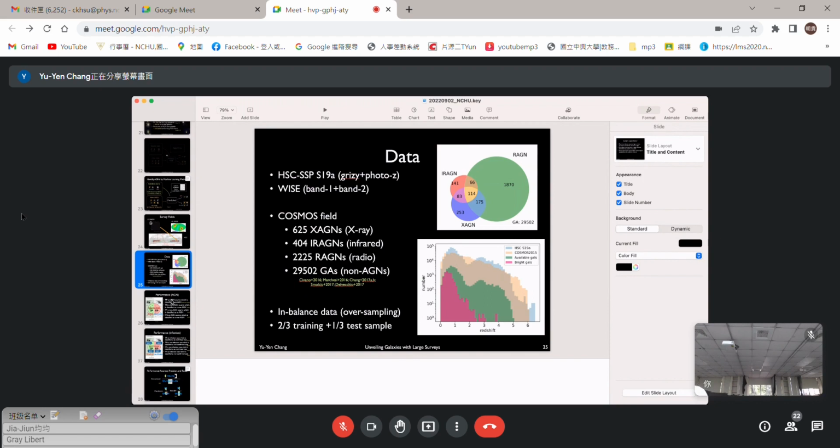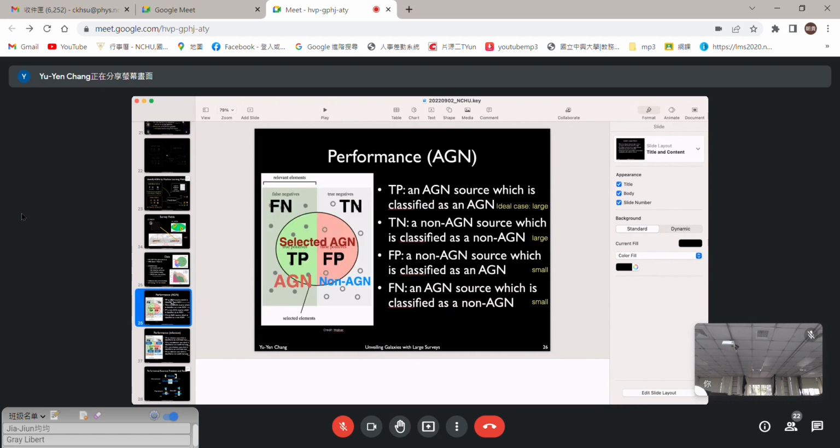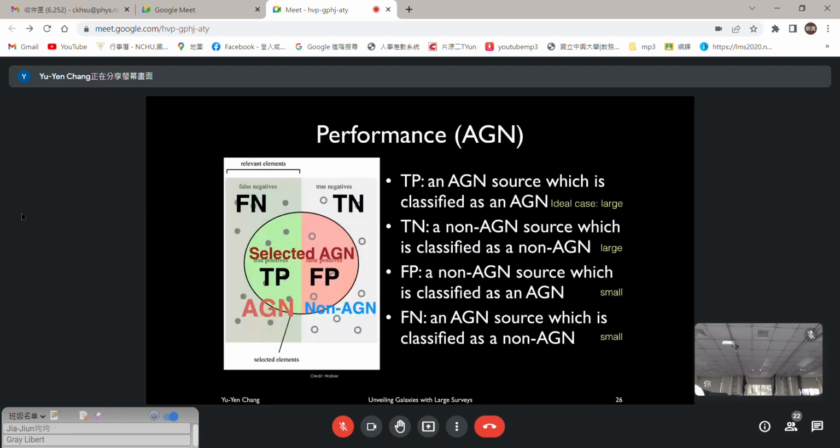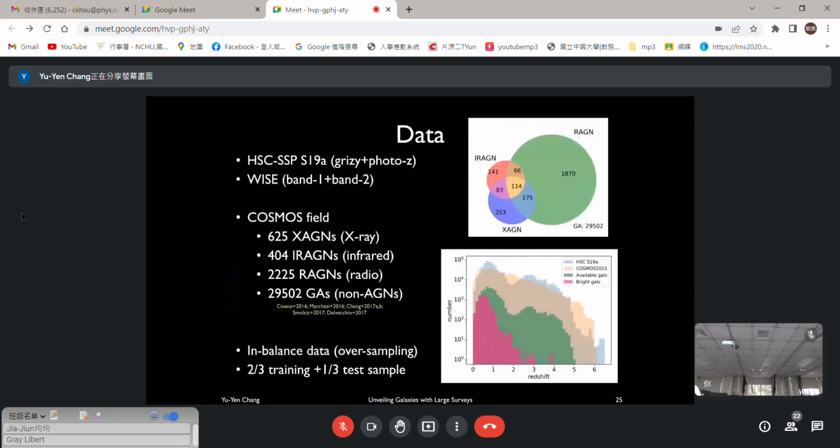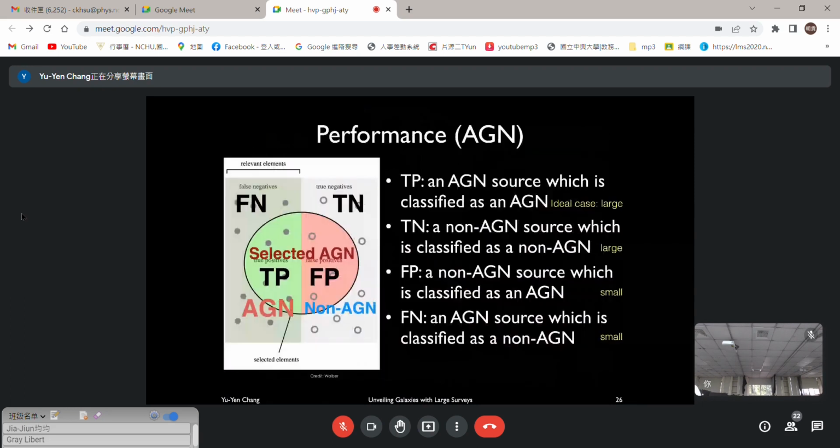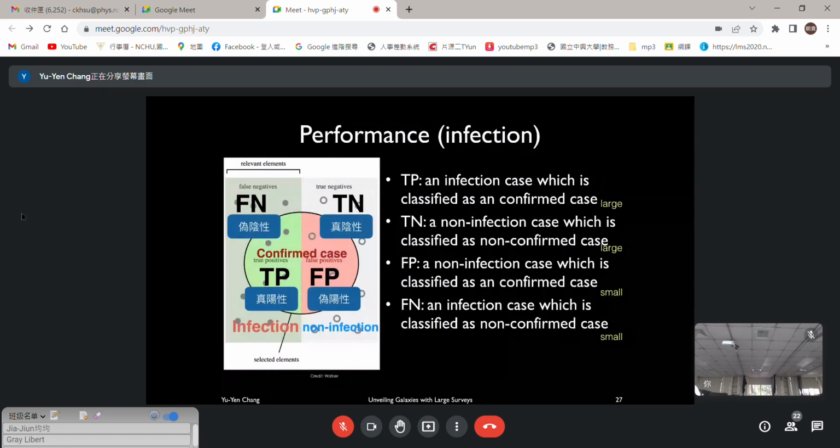So maybe I make it full screen again. Here, if we want to know the performance, we test different scores.